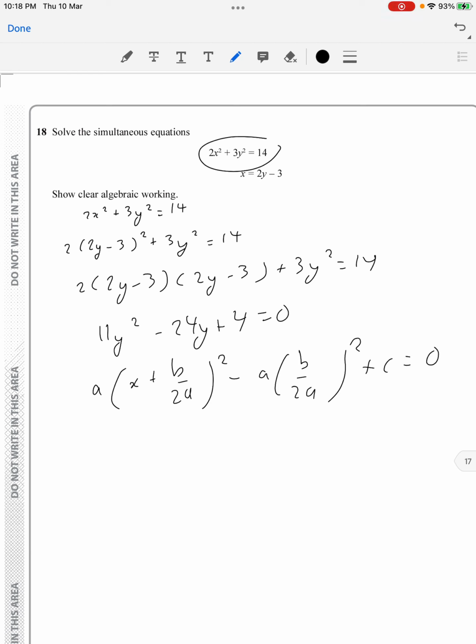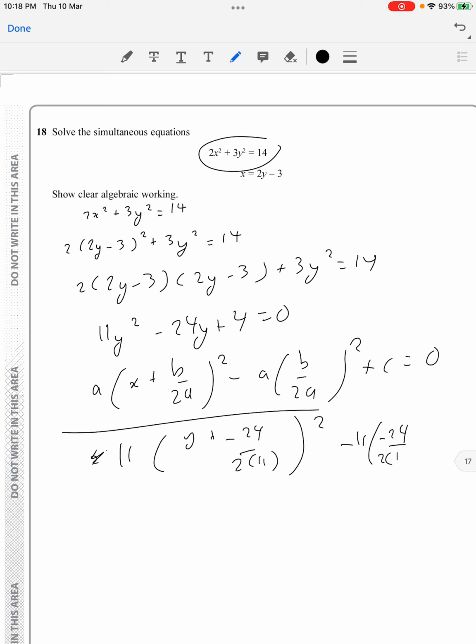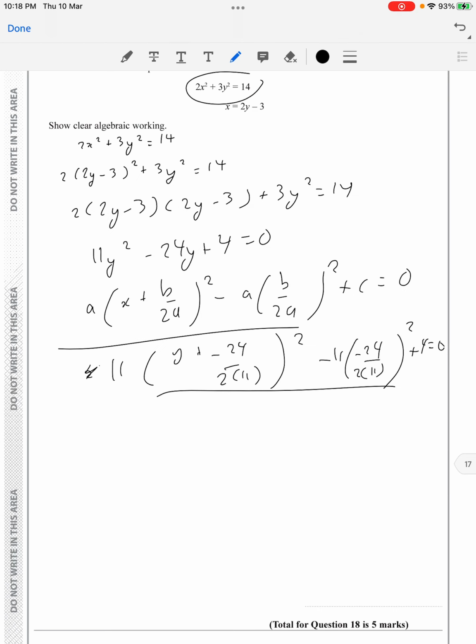Okay, use this equation to calculate that. Once you calculate this, just substitute into the equation, 11 brackets y minus 12 over 11, squared, minus 100 divided by 11 is equal to 0. Solve this equation completely.